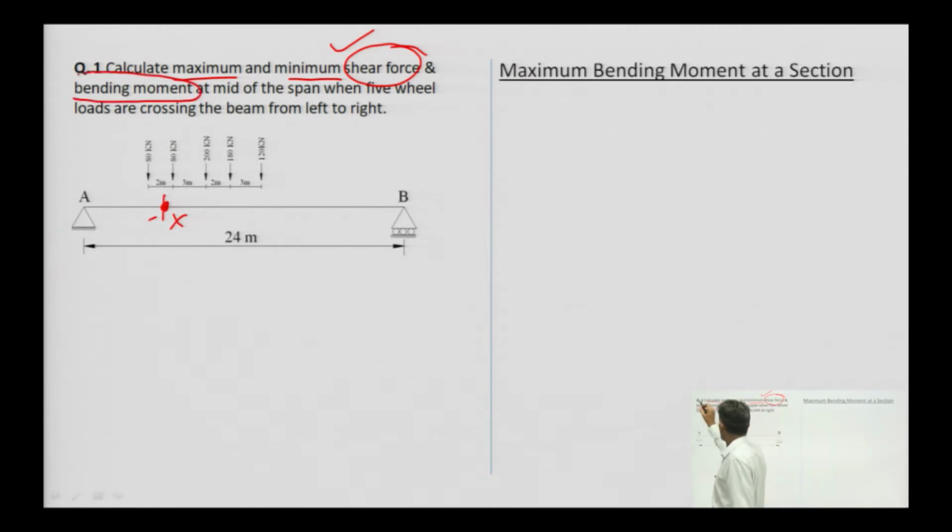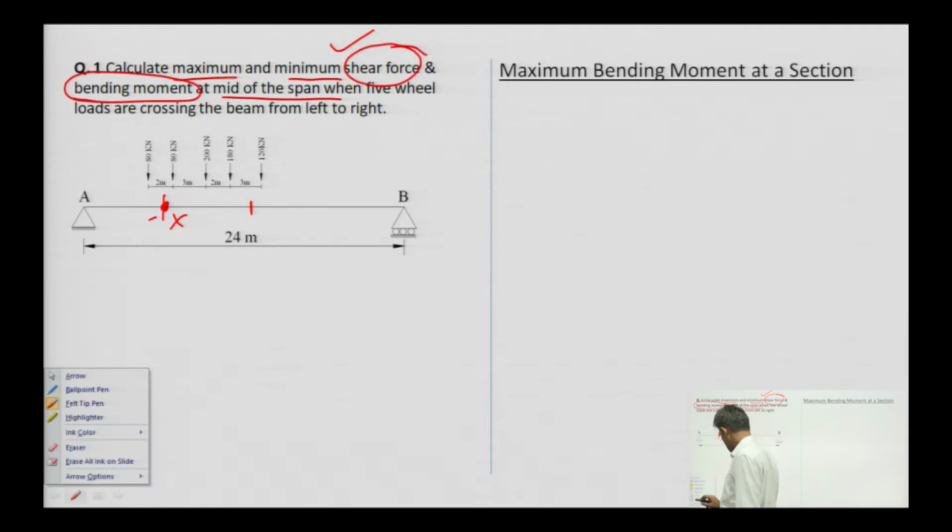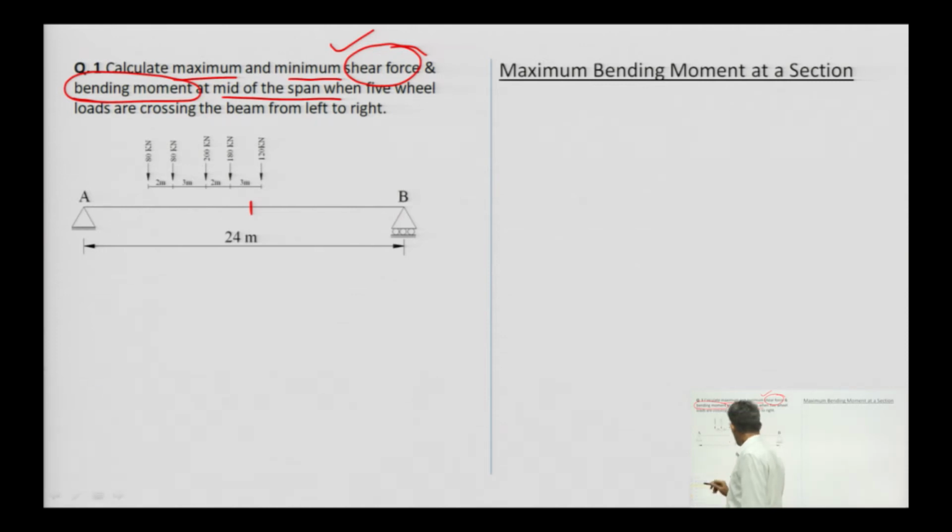First of all, we will calculate the maximum bending moment at the mid of the span. Say this is the mid of the span, and this is x. So, the bending moment at x is maximum, so what should I write here?